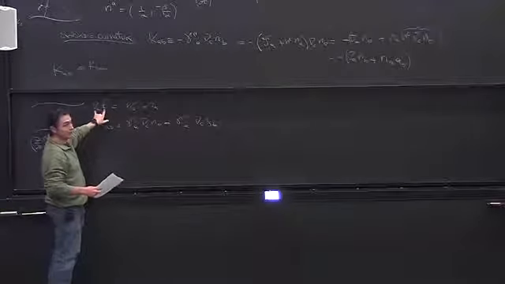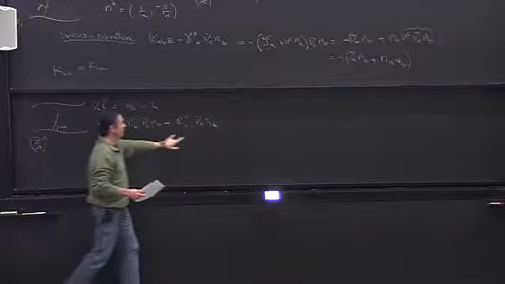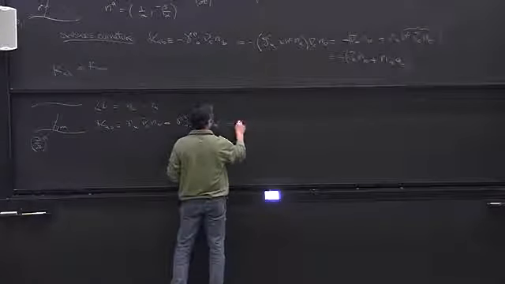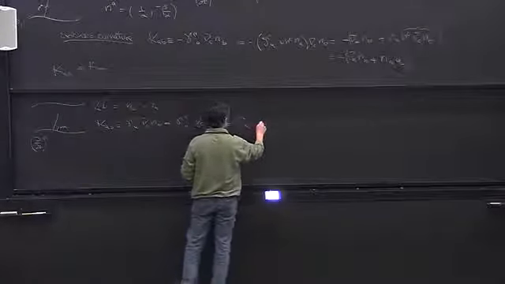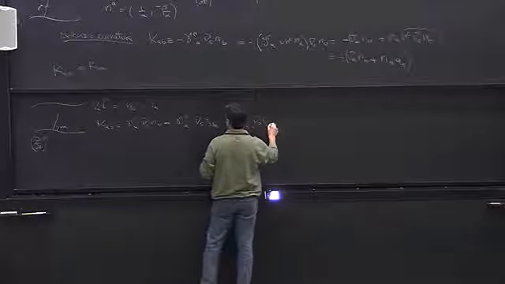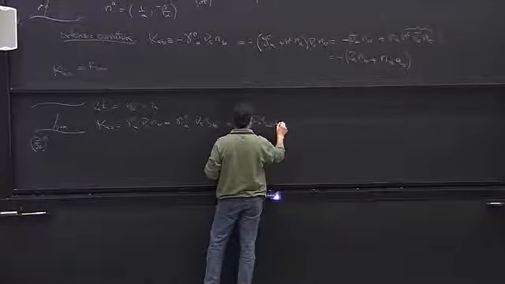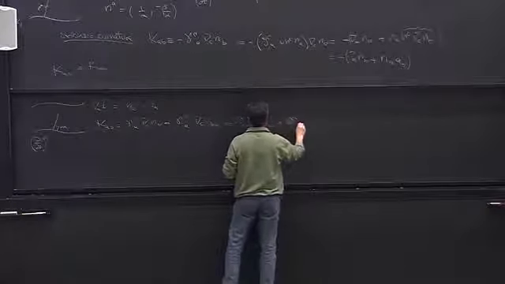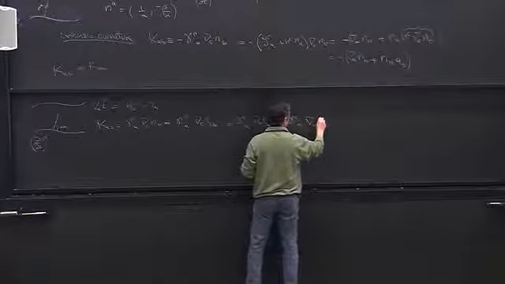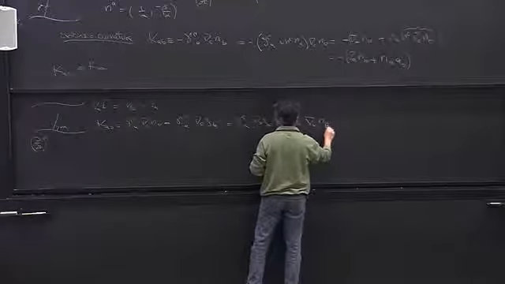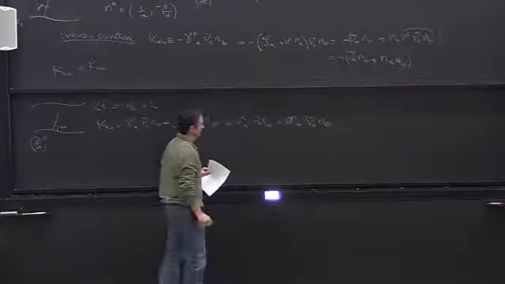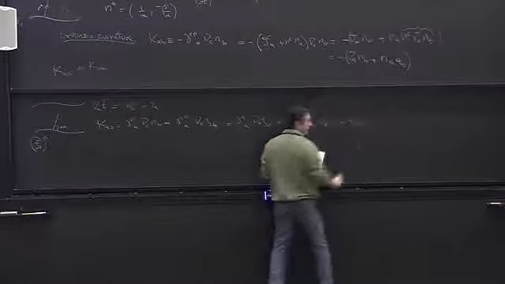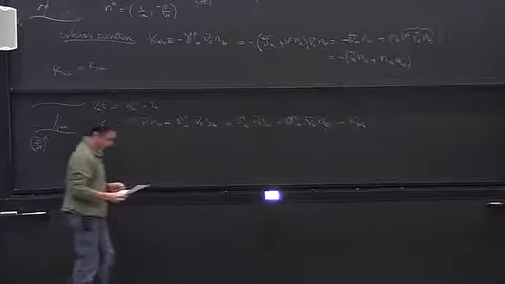But because it's just a gradient of a function, this commutes. So this is the same as, I use it once again, and this is K BA. So the extrinsic curvature is symmetric.